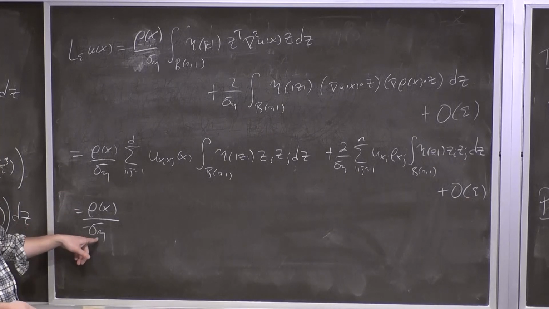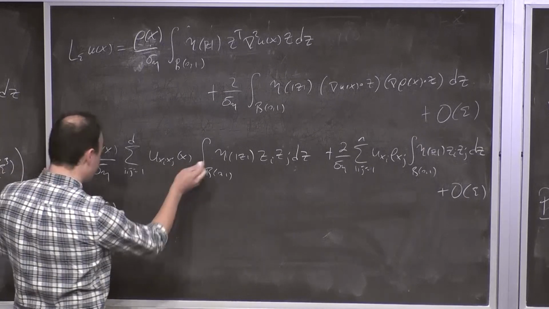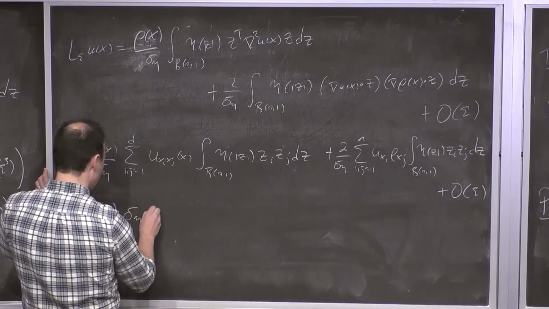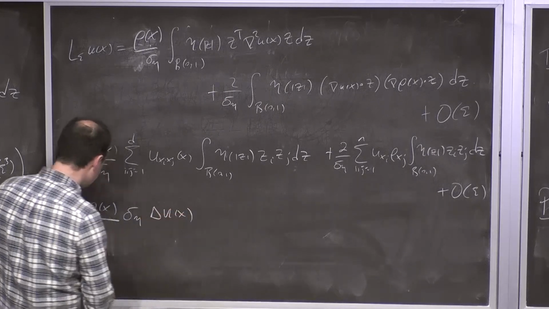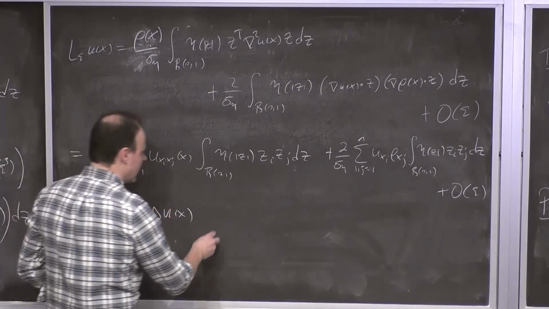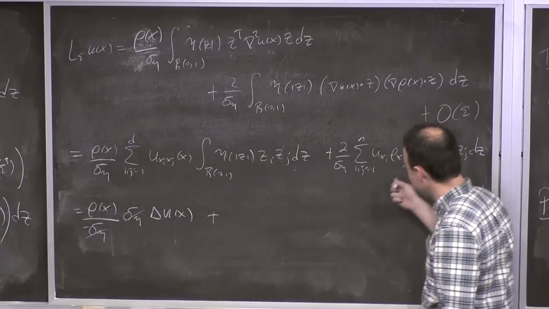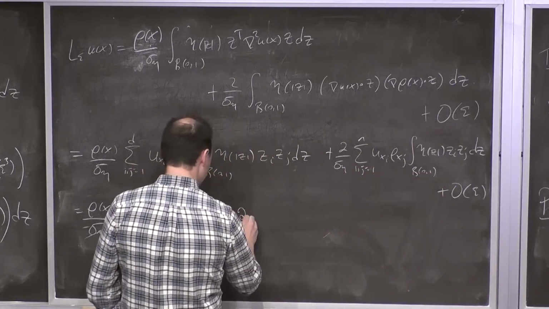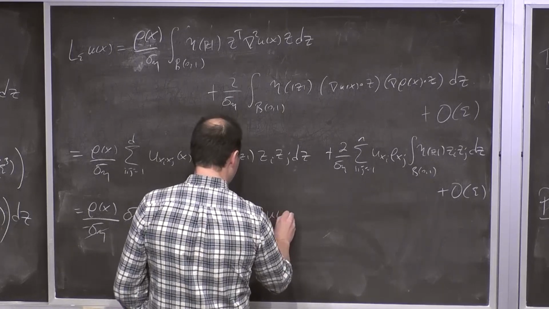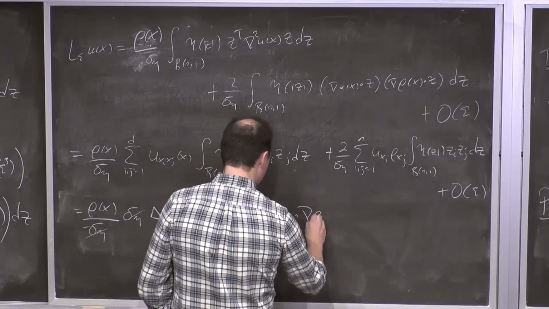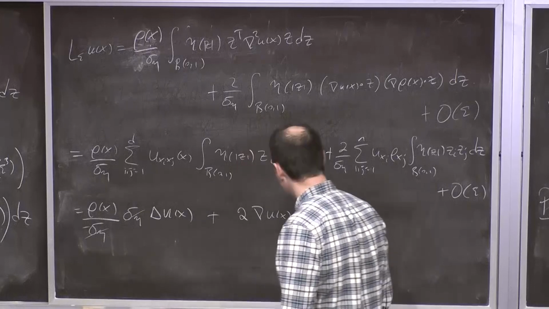It's the sigma eta I wrote earlier. So you get sigma eta times Laplacian of u. These guys drop out. And then over here, again, it's the same thing, sigma eta. So you get 2 grad u of x dotted with grad rho of x, plus order epsilon.